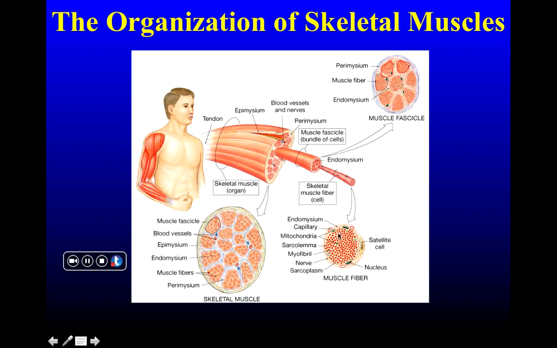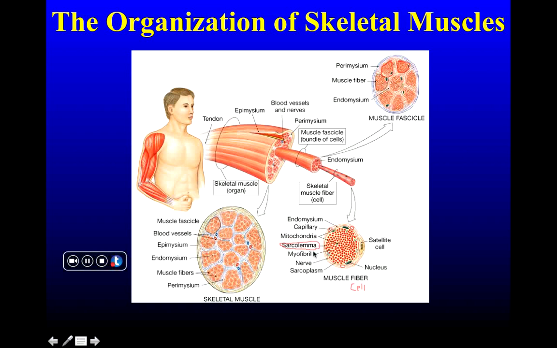Myofibrils. Now this is a cell, right? It says muscle fiber, but we could also call it a cell. This is also a muscle cell. Now a cell has a membrane, right? A phospholipid bilayer that separates it from the external environment. This one has one too. It's called the sarcolemma. Right, that's this thing right here.